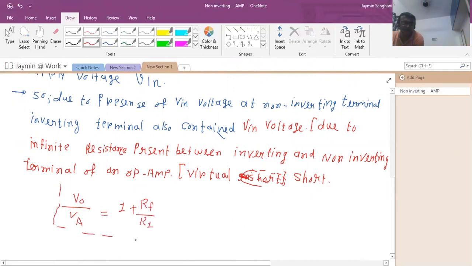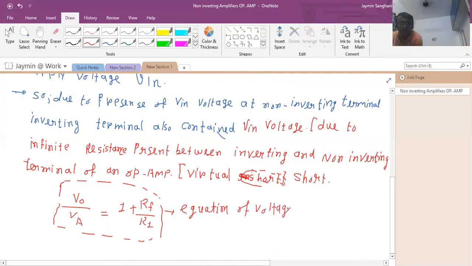This is the equation of voltage gain for non-inverting amplifier.